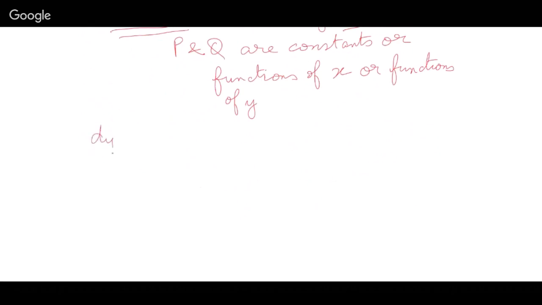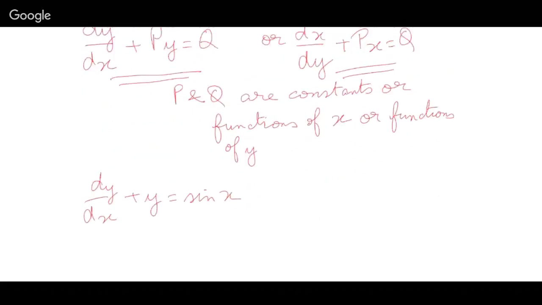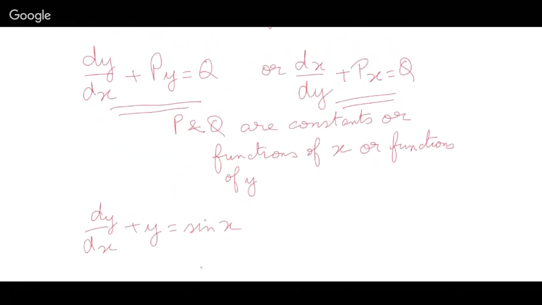So dy by dx plus y is equal to sin x. If we have a look at the form which we had written earlier, in which we were differentiating the y variable with respect to x, we will see that in this case p is equal to 1 and q is equal to sin x.